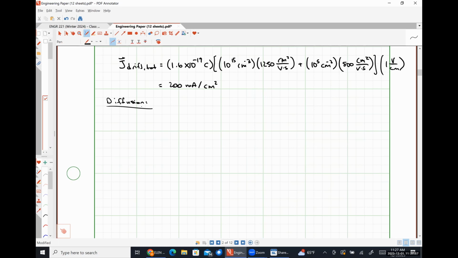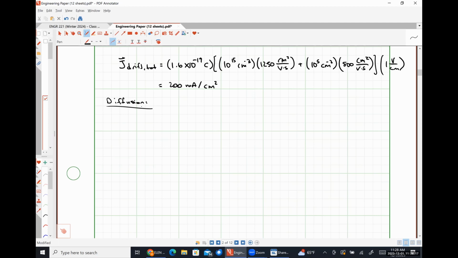We're talking about the exact same thing in semiconductors, but we're talking about concentration gradients of electrons and holes that are position dependent, okay? So the mathematical equation that describes diffusion is what's called Fick's law.